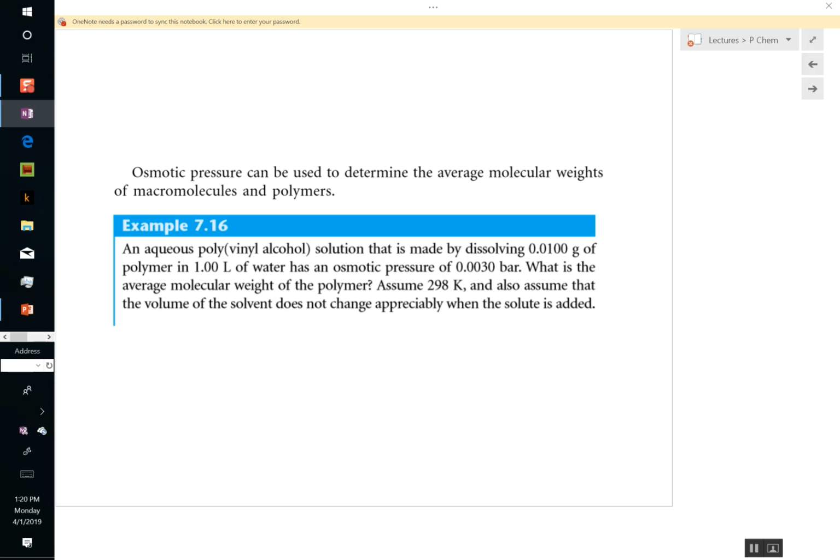Assume 298 K. We won't go through that problem, but I just want to point it out to you. This is one way of trying to estimate the molecular weight of a polymer by looking at what osmotic pressure it would develop. You can weigh a polymer, make up a solution of it, see what osmotic pressure it generates, and then back calculate the molecular weight of the polymer.